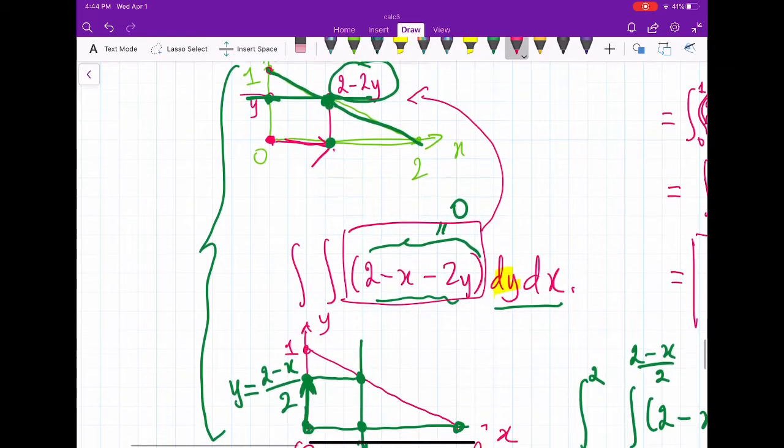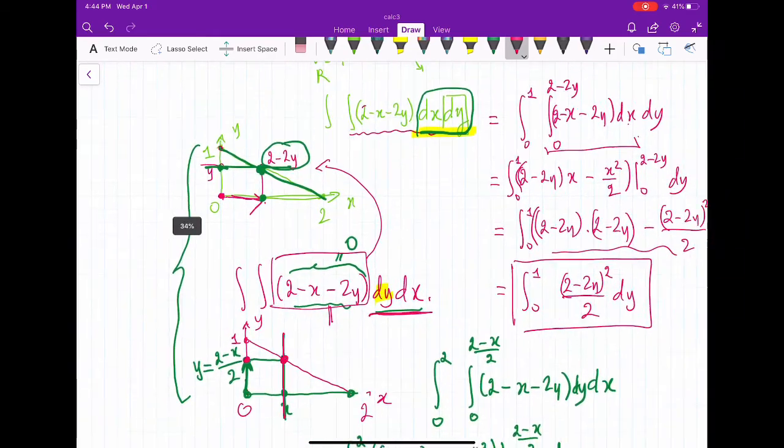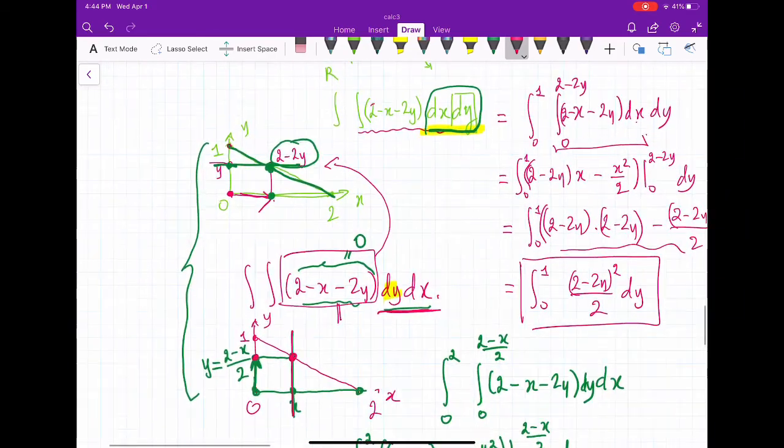For the second case, when you want to write in the order dy dx, you fix x right here, and you need to find the y coordinate of this point. For that, you just put the whole function equal to 0 and solve for y. Makes sense? So if you understand this picture, you can rewrite most double integrals in the form of iterated integrals easily.